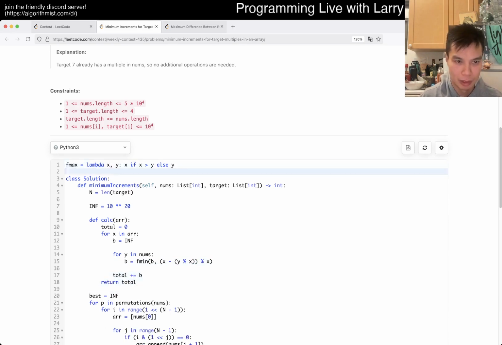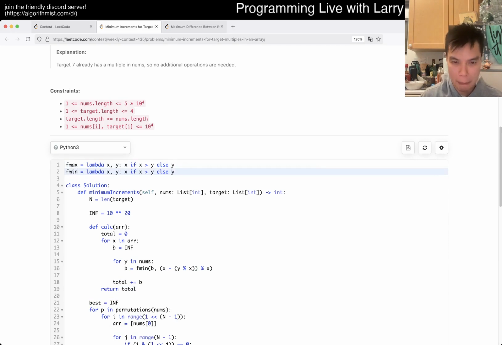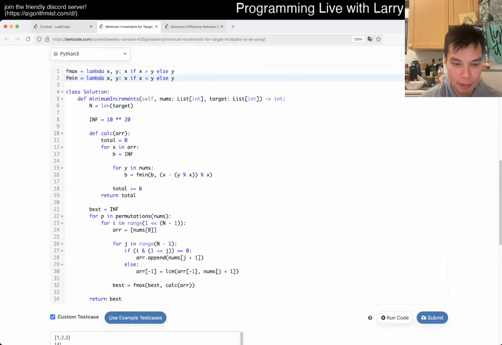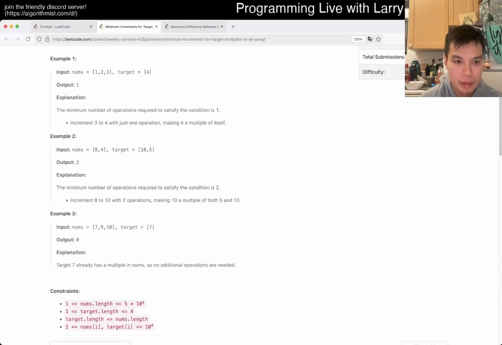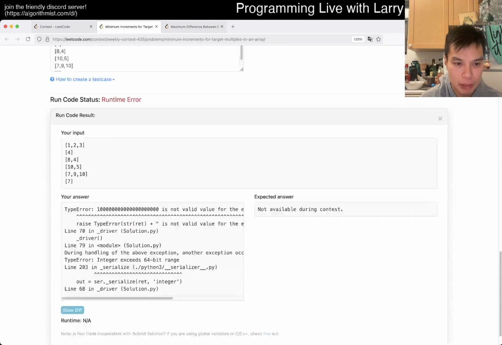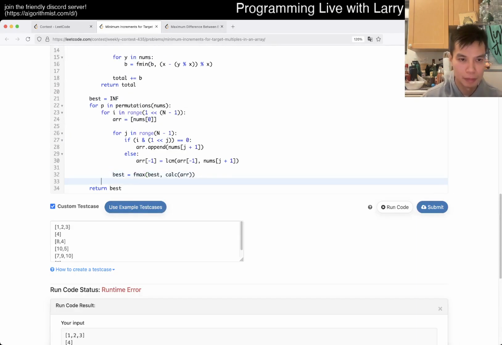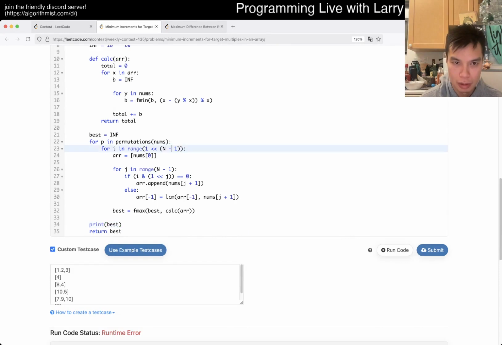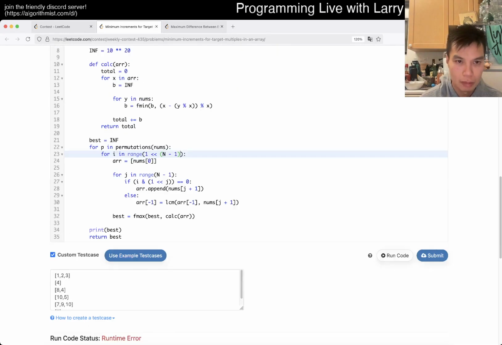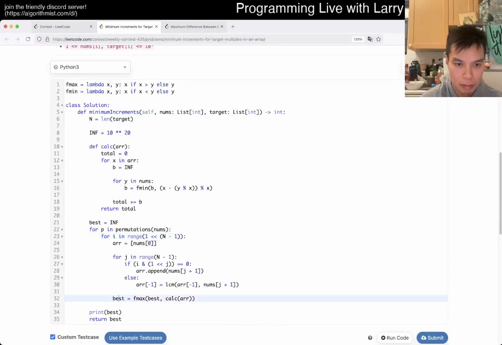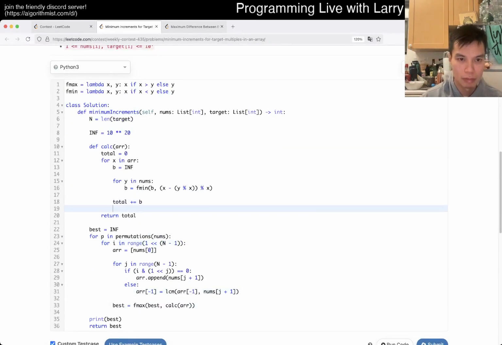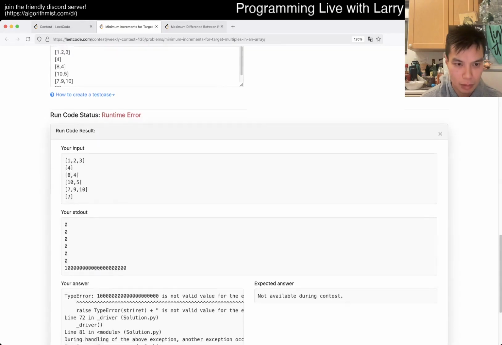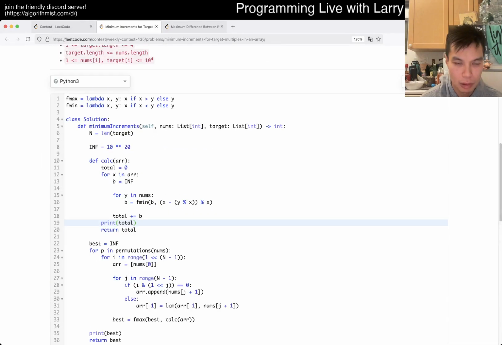We need to... that's not great. Is it because of one number, like the one number case? Total is 0.